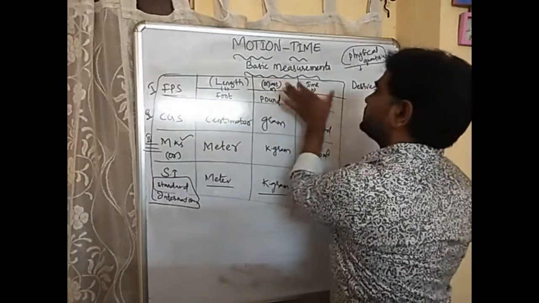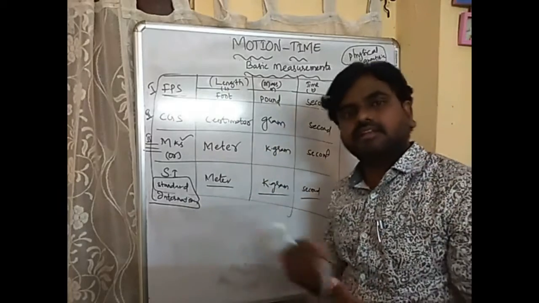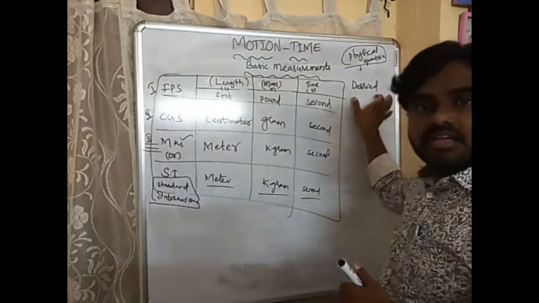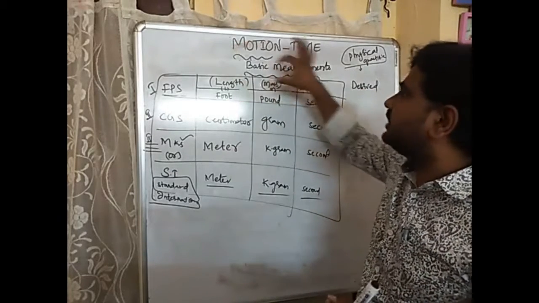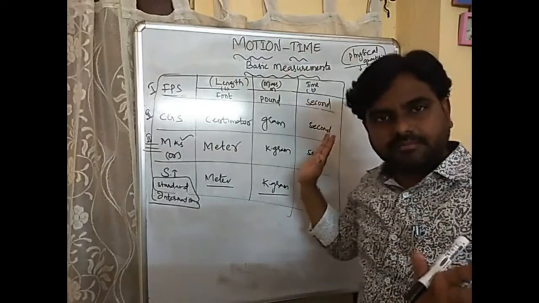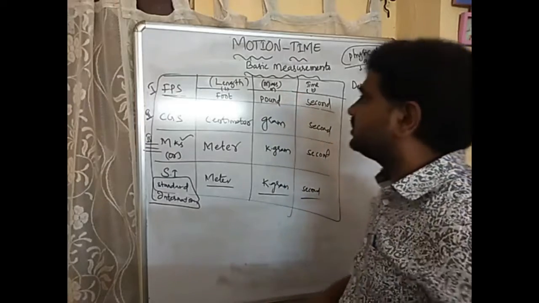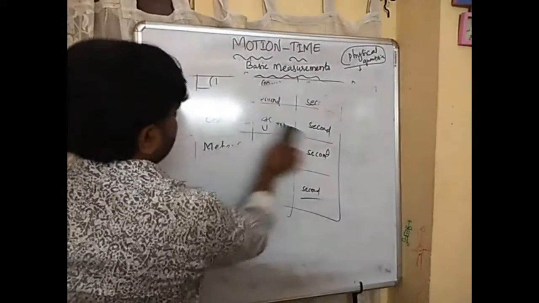So length, mass, time. Of course when you come to your 10th class and higher classes, I will explain what the derived quantities are. But in this class I am going to tell you only about length, mass and time. Is it clear? So basing on this, we will see in this video itself how to solve the problems.